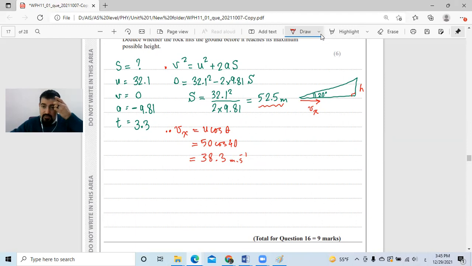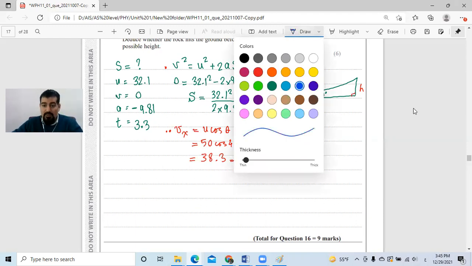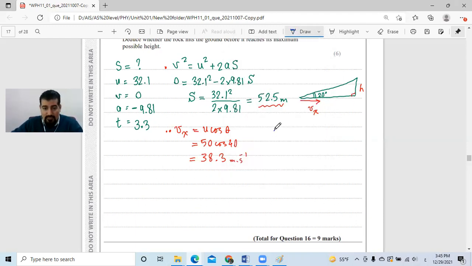I will use this value to find the horizontal range. So the range in the x-axis equals the speed in the x-axis multiplied by the time, 38.3 times 3.3, and the answer will be approximately 126 meters.